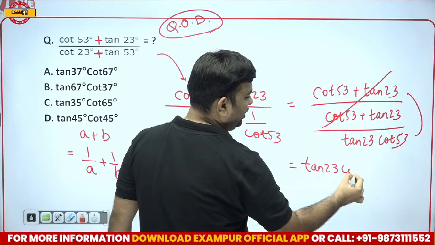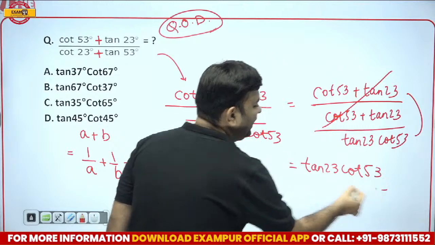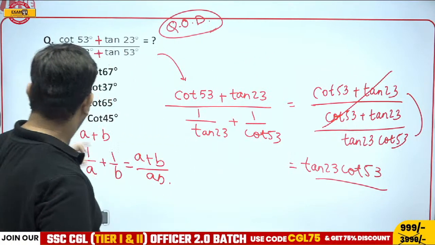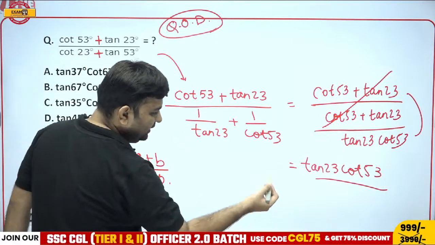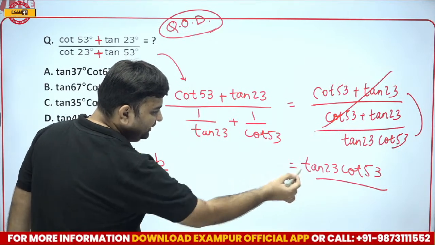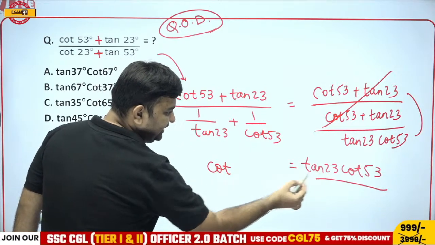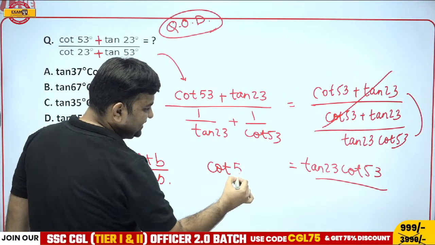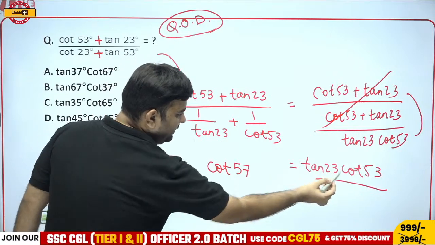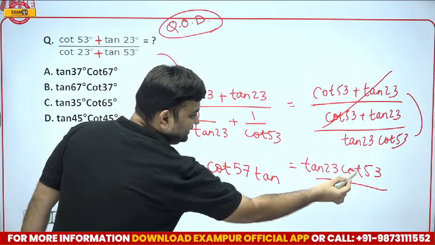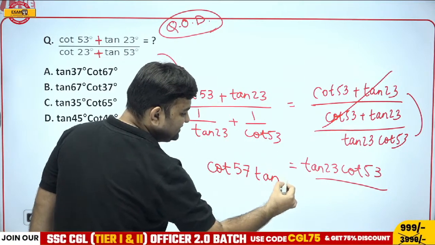Tan 23 cot 53. Are they in the options? I don't think so. So take their complementary. Tan's complementary is cot. 63's complementary is, I think, 57. Take complementary of cot as tan. 53's complementary is 27.